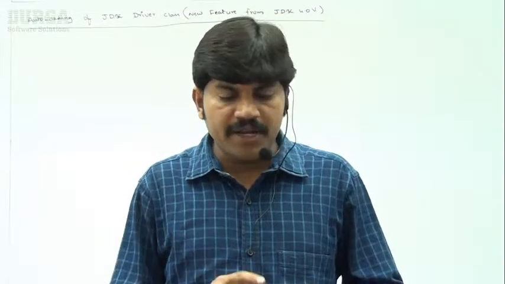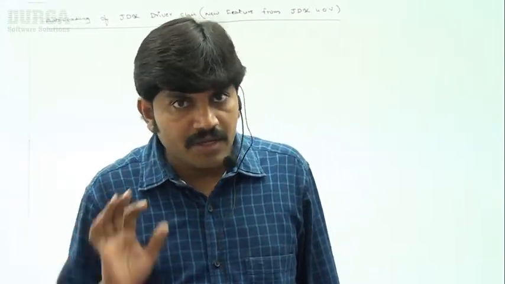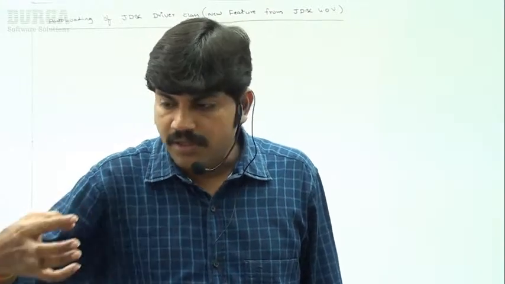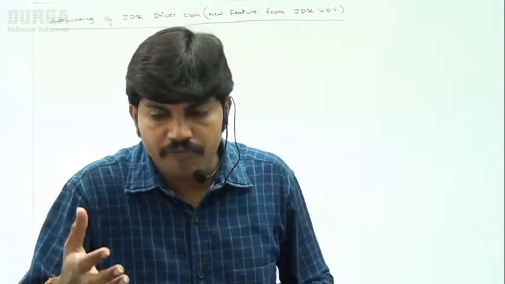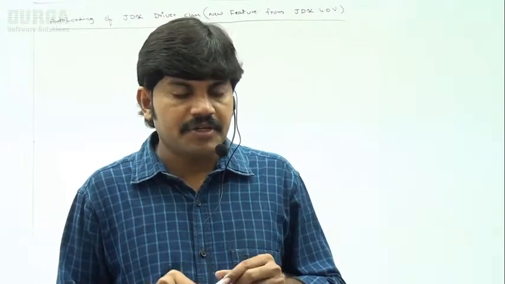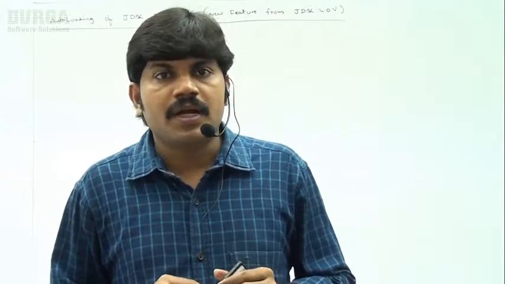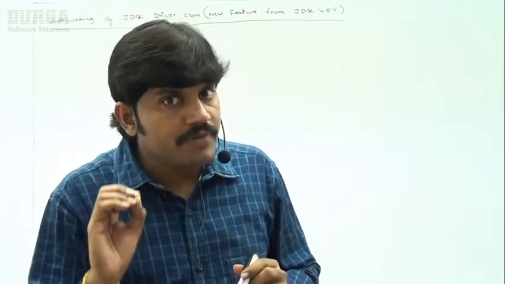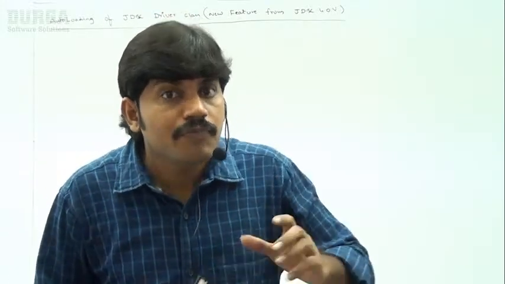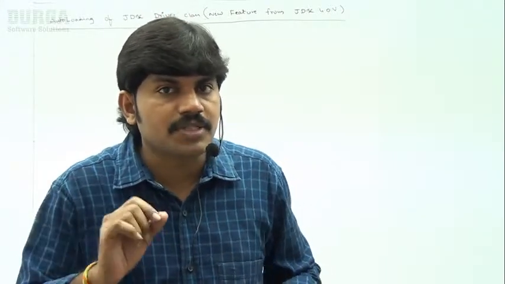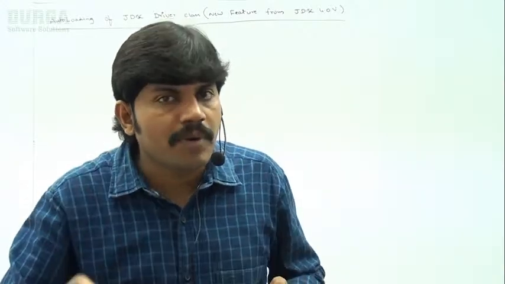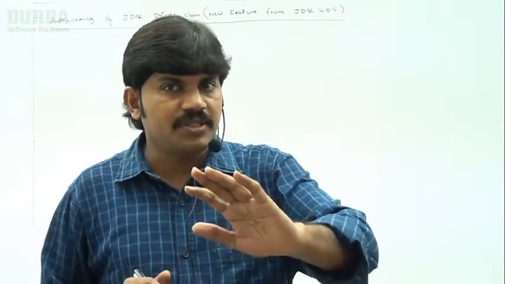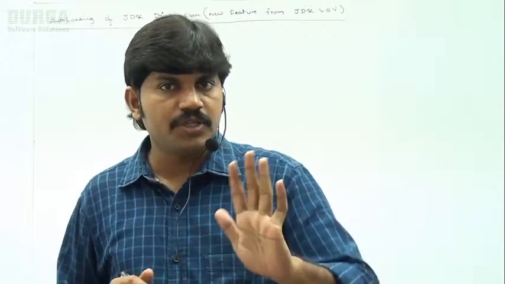Hi friends, welcome back. Sir, in the last video I covered how you can identify the class name or interface name from where the method is coming. In this video I have to talk about a very important new feature which came as part of JDBC 4.0 version: automatic loading of JDBC driver from JDBC URL.